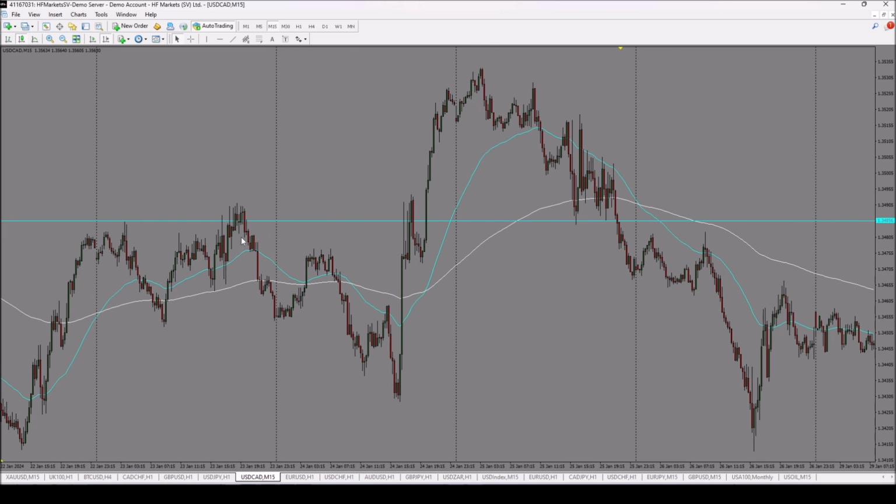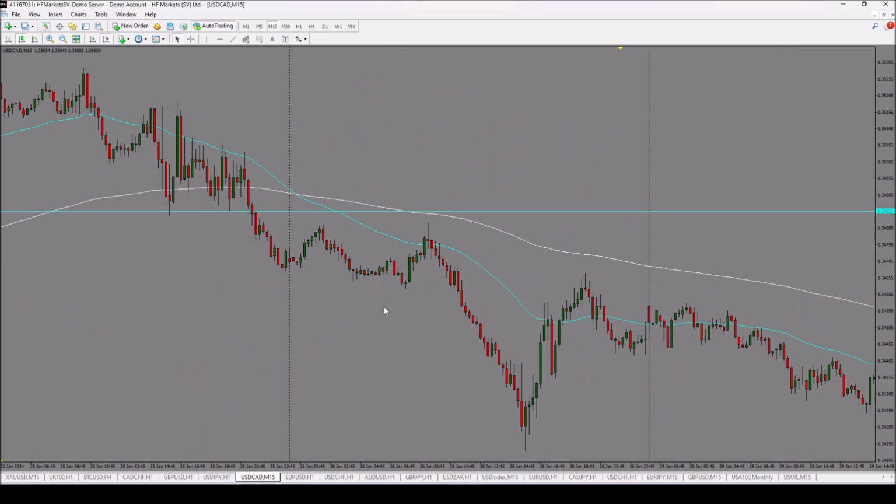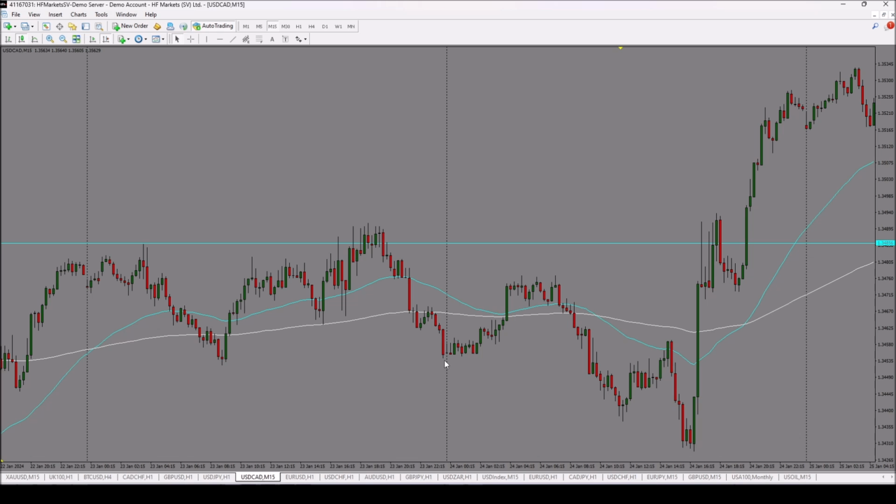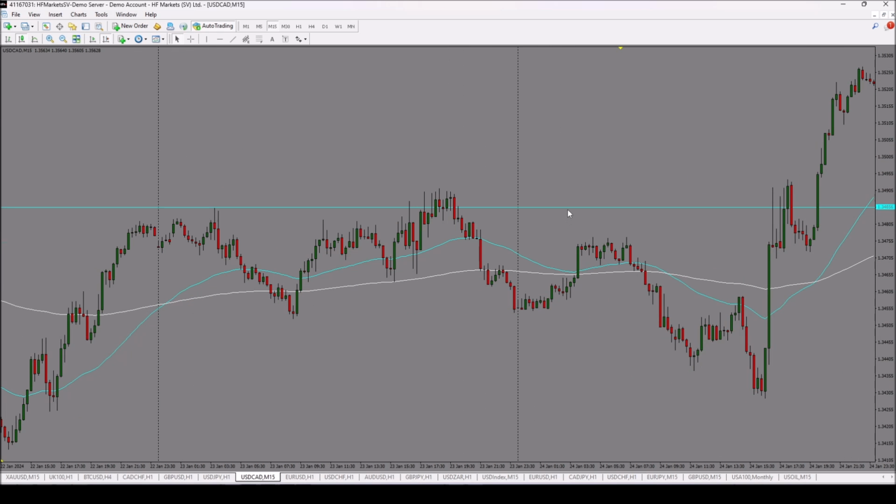But in this case, we can see there was a drop, another drop. And after those two drops, we had a point, which is this one. We had a drop, a break of the low, then a retest of the 50 EMA. There was a bearish engulfing pattern.